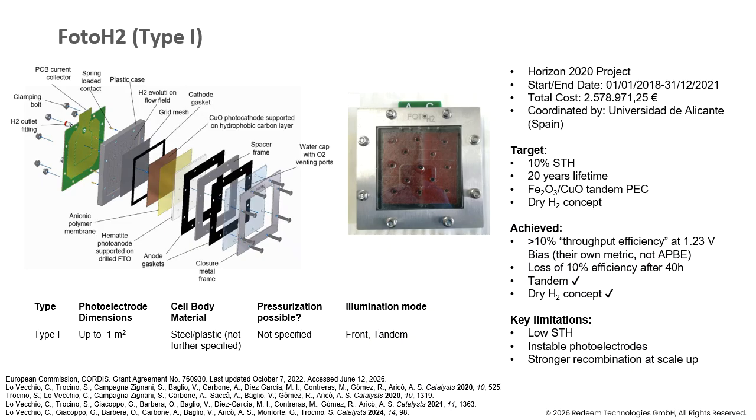They also reported a throughput efficiency of about 10%, although this was based on their own performance metric rather than standard STH or ABPE definitions, so this is taken with a grain of salt because it's hard to compare. The remaining bottlenecks were mainly the stability of the photoelectrodes and the drop in performance during long-term operation. As the device size increased, the recombination losses also became more pronounced.